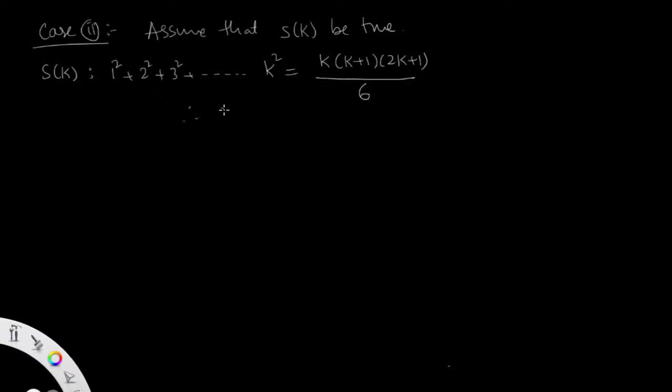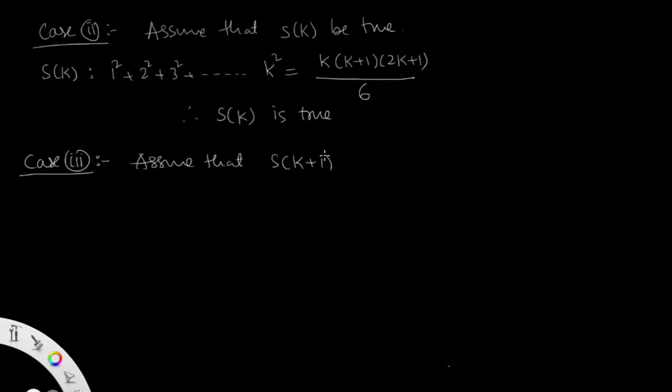So therefore S of k is true. Next case 3 is nothing but assume that S of k plus 1 be true.